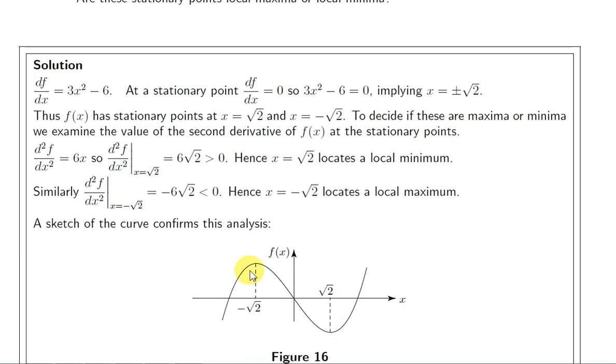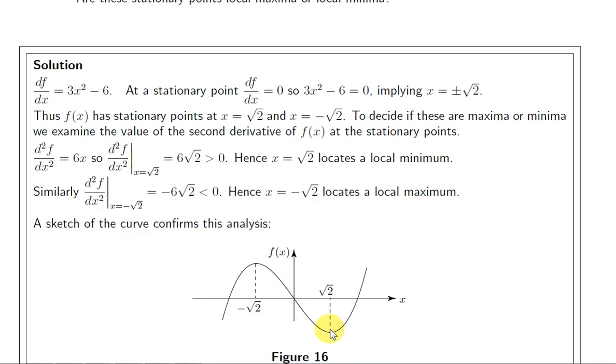Now we could very easily decide which of these values of x give us a local max or a min by just drawing a rough sketch of the function. A cubic function has two turning points. So if we work out f of minus root 2, we will get some positive value. If we get f of plus root 2, we get some negative value. Simply because the y value of this point is greater than the y value of this point here.